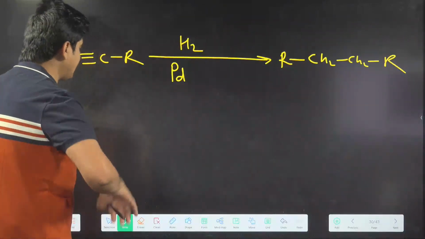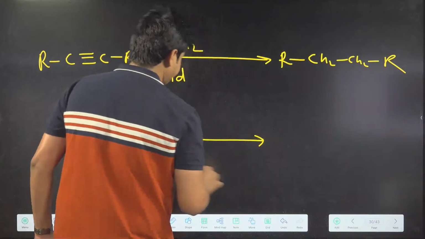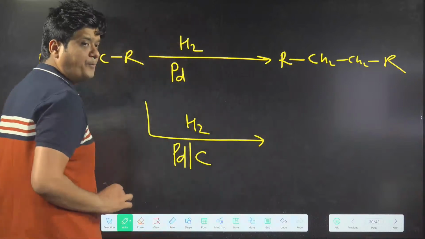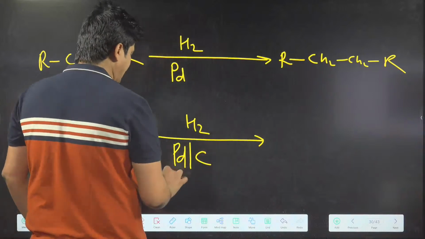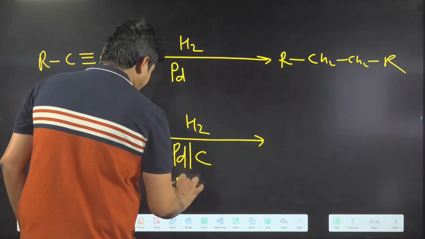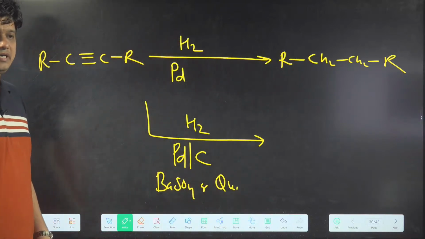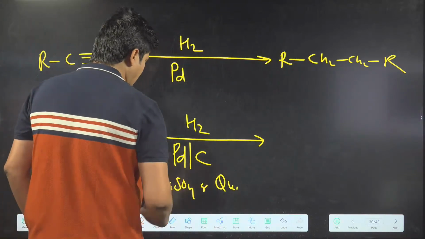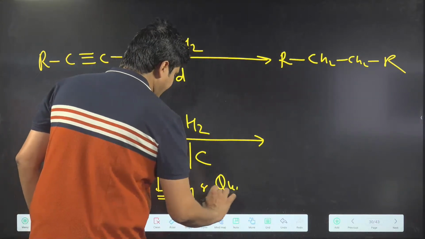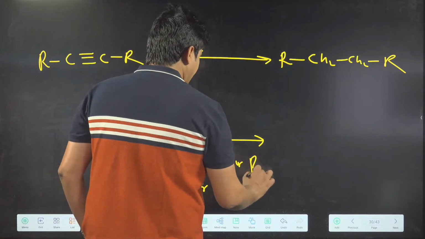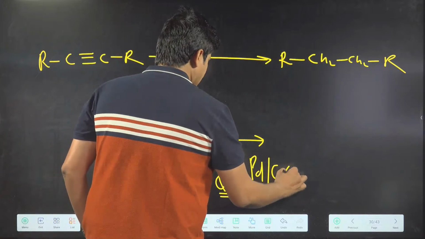So how to decrease the activity of catalyst? Take palladized charcoal poisoned by barium sulfate or quinoline. Or you can take Pd/CaCO3 also.